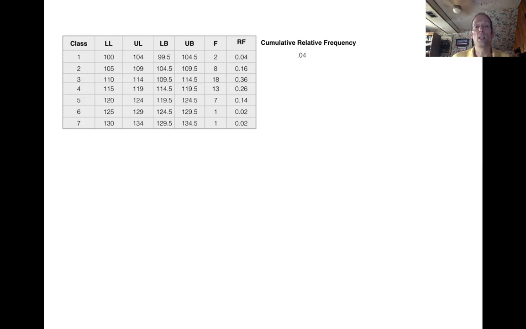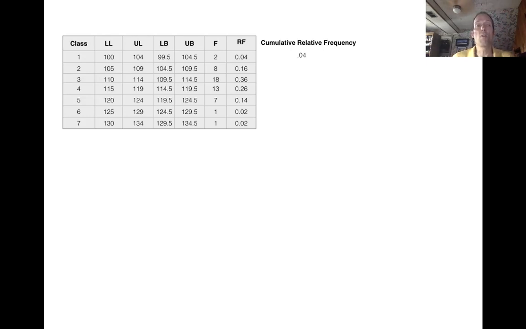I'm going to go through each class and look at what percentage of data came before it, and start adding it all up. For class 1, I need to know what percentage of data was less than 104 degrees. Right now I know that's only 4%, because class 1 was just the first class.